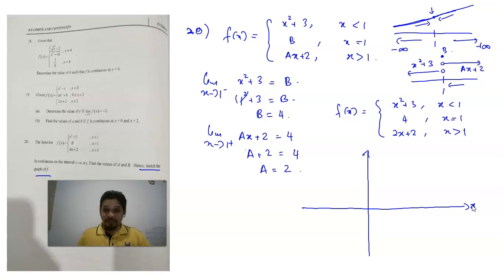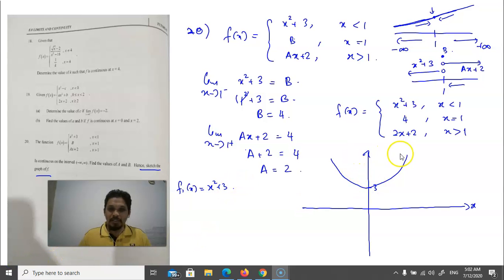Now, the graph of x squared plus 3. Let's say the function f1(x) equals x squared plus 3. When x equals 0, y equals 3. This graph does not intersect the x-axis, so it's just something like this. This is the graph of y equals x squared plus 3.